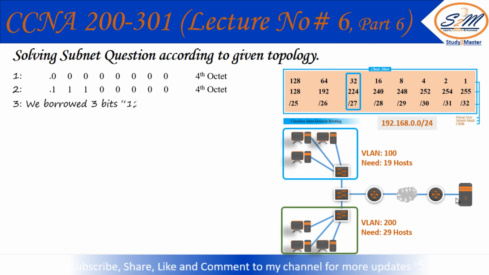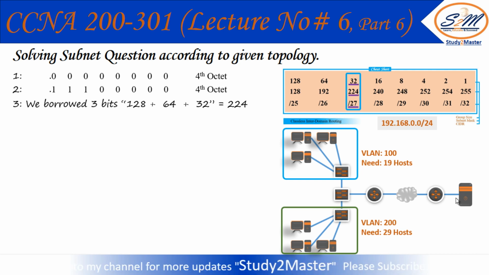It means we borrowed 3 bits. The place values of the 3 bits are 128 plus 64 plus 32, which is equal to 224. The group size is 32. Now if we want to find the subnet addresses, we just start at 0 and increase by 32 until we pass the target IP address.